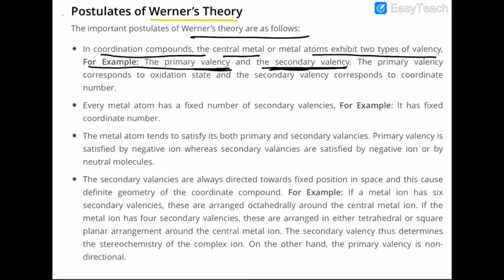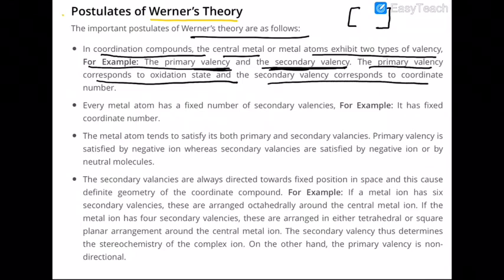These valencies are inside the coordination sphere. The primary valencies correspond to the oxidation state, while the secondary valencies correspond to the coordination number.